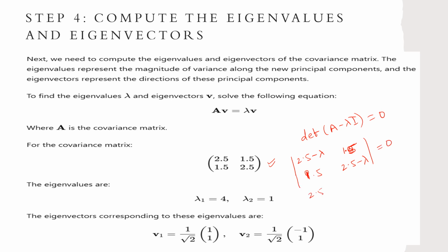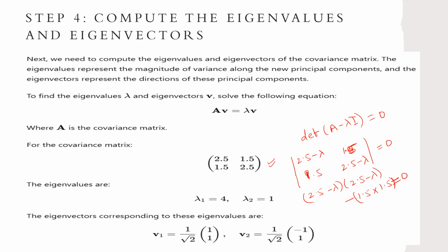So you have 2.5 minus lambda times 2.5 minus lambda, minus 1.5 times 1.5, is equal to 0. This gives me my eigenvalues. If you solve this, the eigenvalues are 4 and 1.